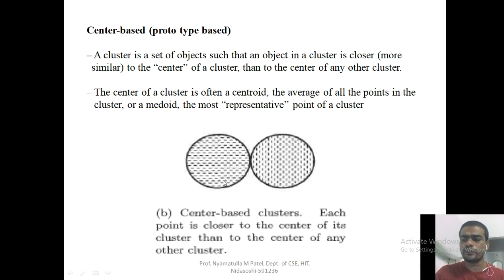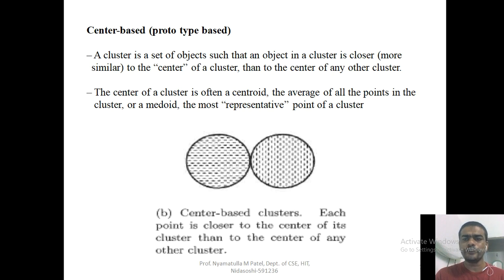The center of the cluster is also called the centroid. Now if you take any one cluster, how are all the points in this cluster arranged, and how are they called similar? We will take a centroid of the cluster, and all the points nearer to that centroid will be grouped into that cluster.